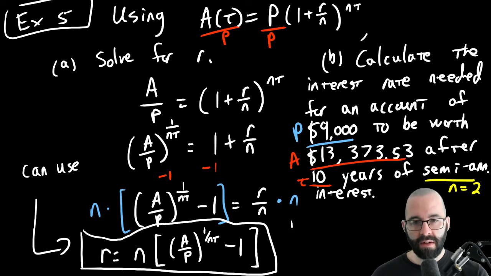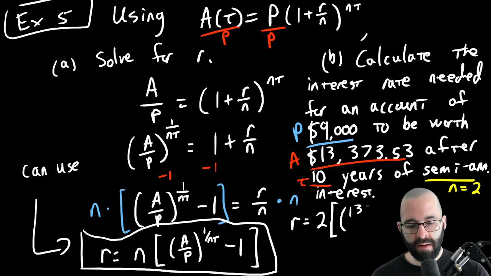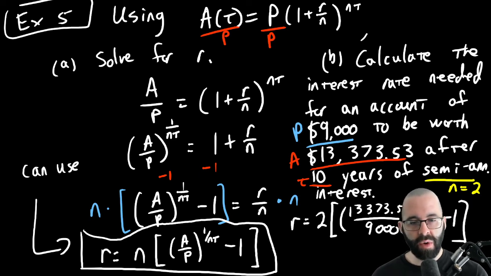So r is going to be n times A over P raised to the 1 over nt power minus 1.